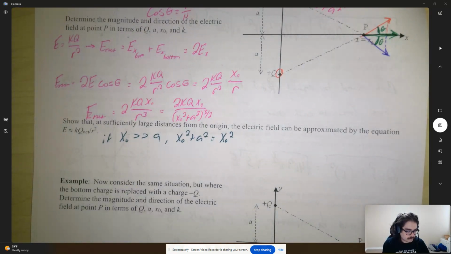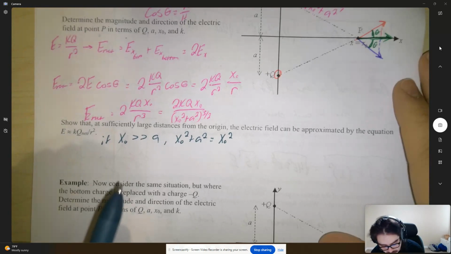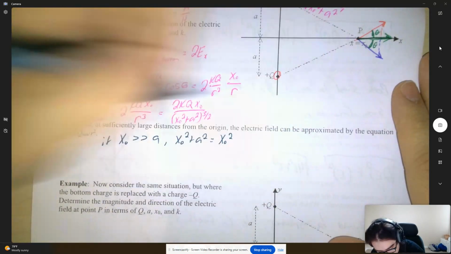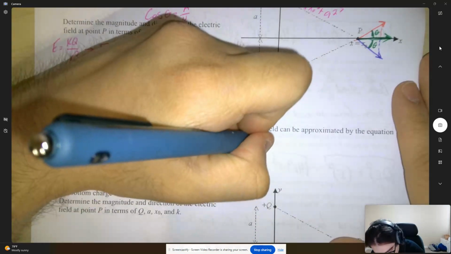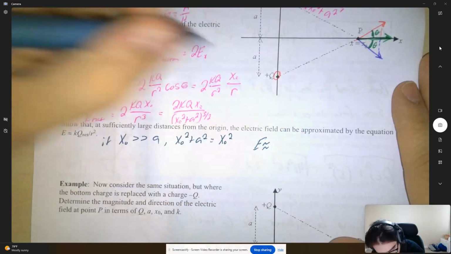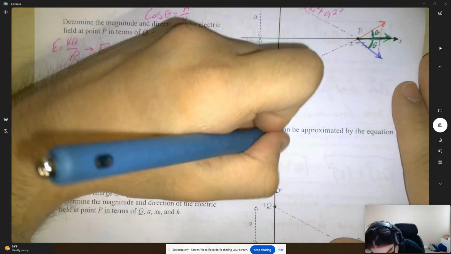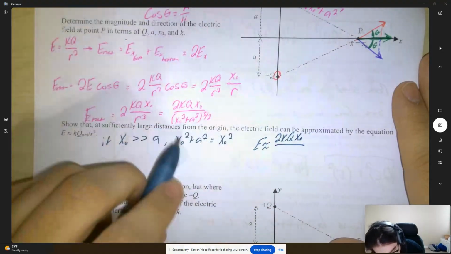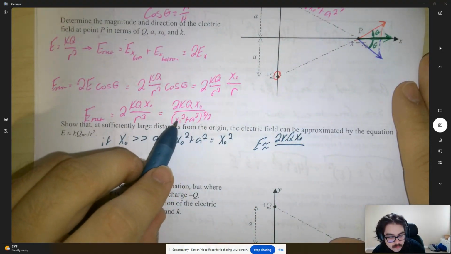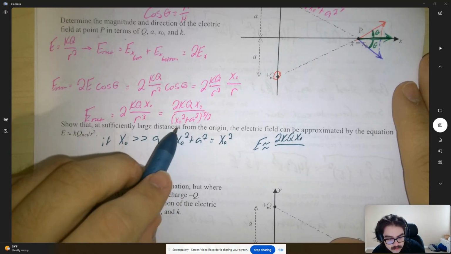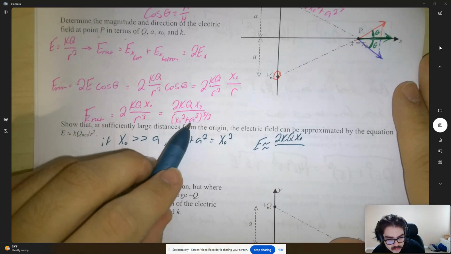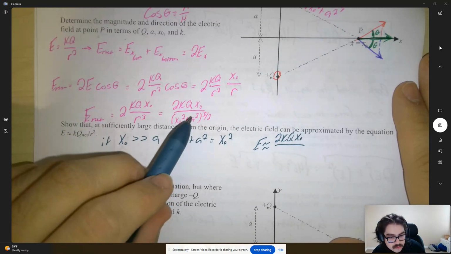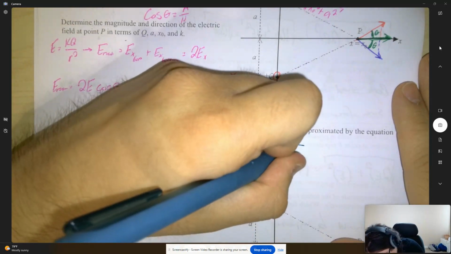Okay. So in that case, the E field is about 2kqx naught over, and again, we've already said that this right here is just going to be equal to x naught squared to the 3/2 power.